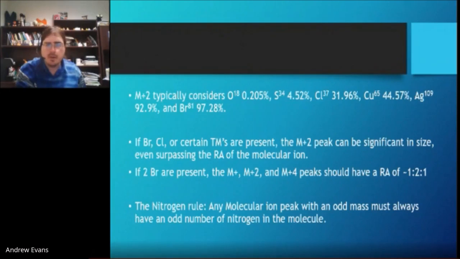But another thing that is incredibly useful is the nitrogen rule. If you haven't ever noticed it, molecules with a nitrogen have an odd molecular mass. And this is really only true for nitrogen. There might be a few other elements, but those are very rare, especially in organic chemistry.